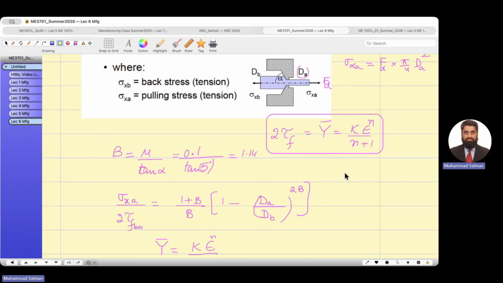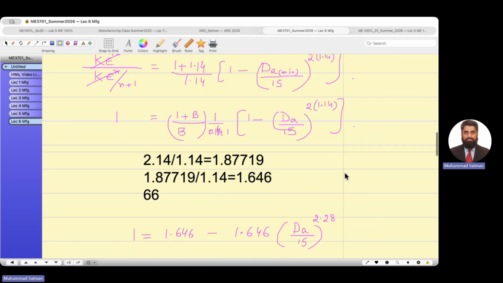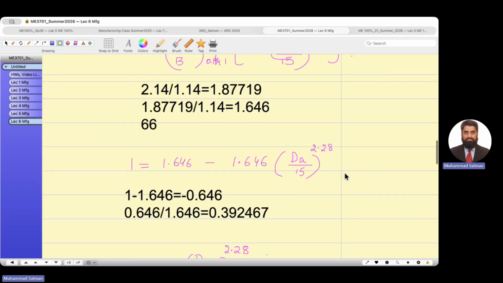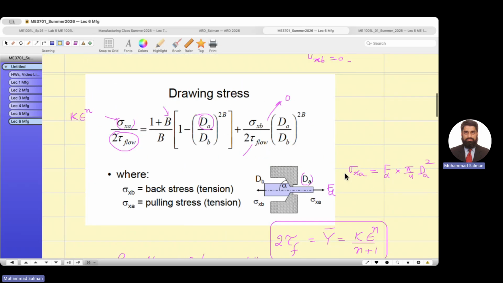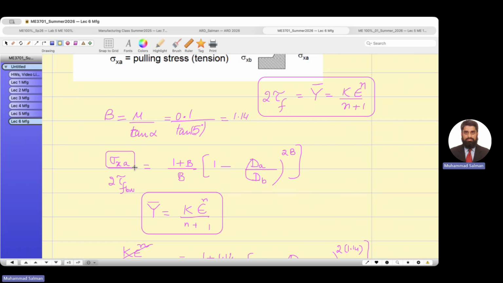When you have that much stress, it will be easily deformed. And then from there, you will find the minimum diameter. Have you understood up until here? Yes. And the next step, use the same equation. This time you will find the value of 2 tau flow or average yielding stress, and then find out the pulling stress, sigma xa, the drawing stress, okay?